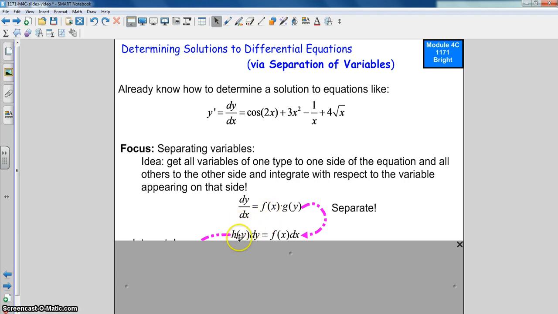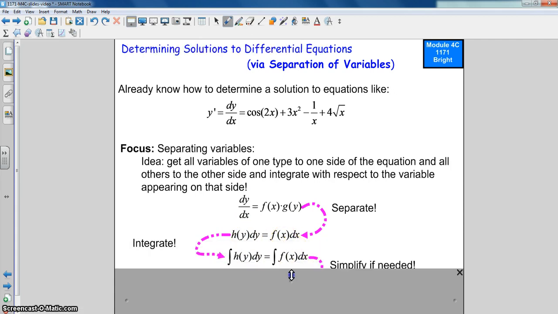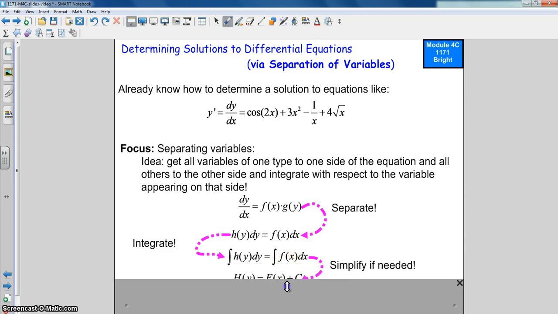Same idea as before. Once we get to this point, we're going to integrate with respect to the variable appearing on that side. For example, this side contains only y, so I'm going to integrate that side with respect to y and the other side with respect to x. Then pretty much from there it's just algebra.